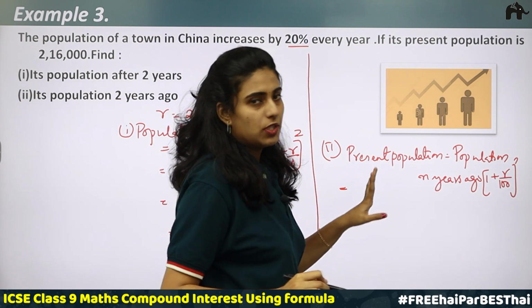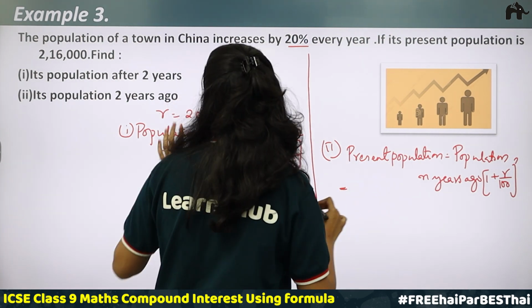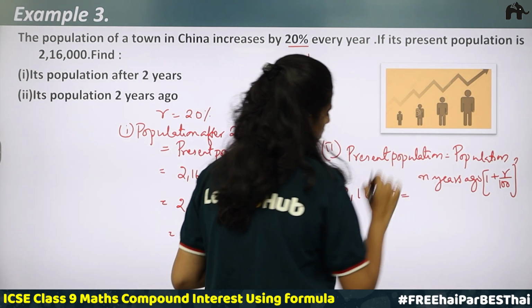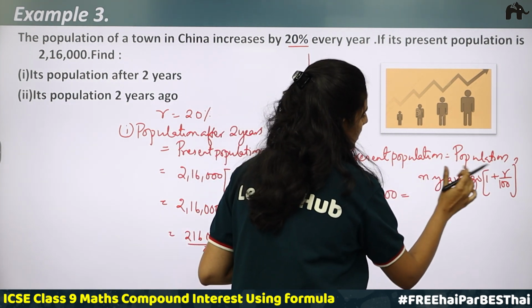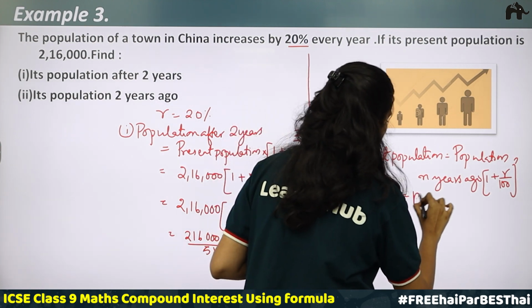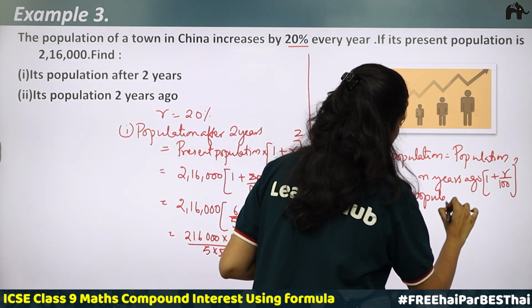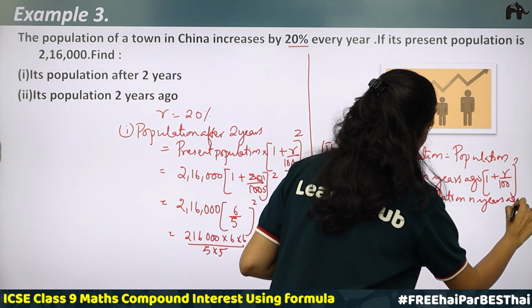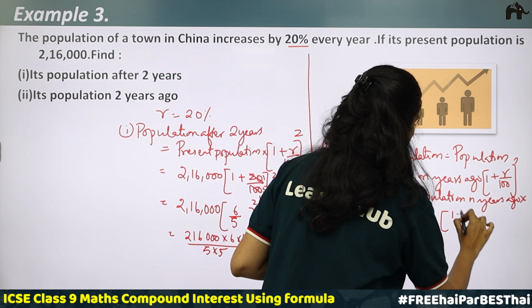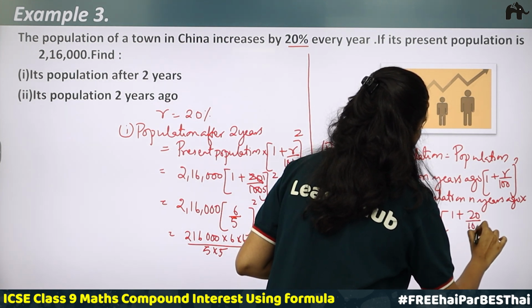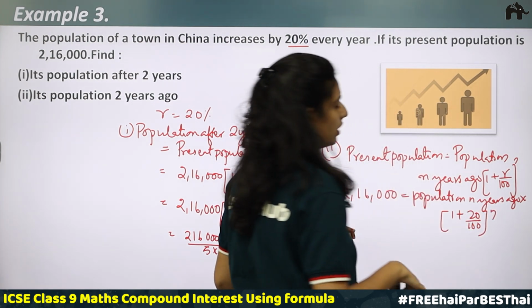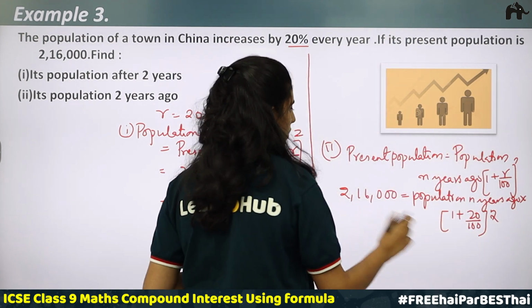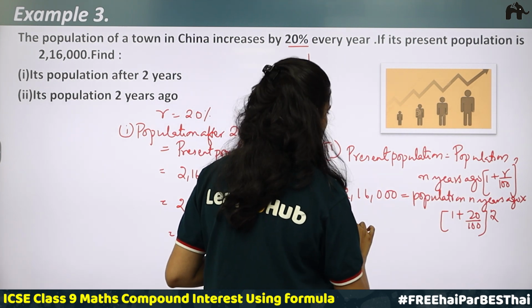We know what the present population is. 2,16,000 is equal to population n years ago into 1 plus 20 by 100 whole raised to n. Here n value is equal to 2. Okay, so what is the population n years ago?